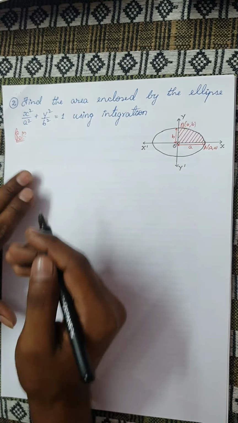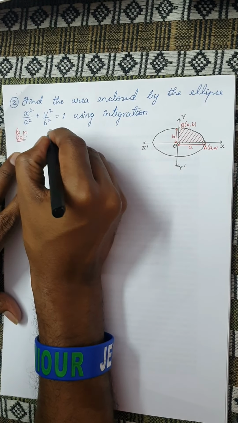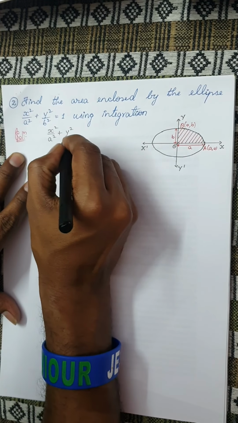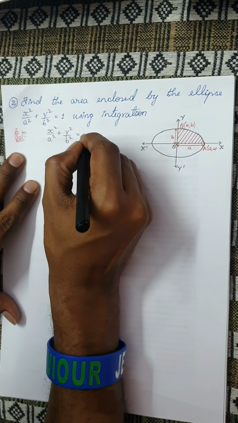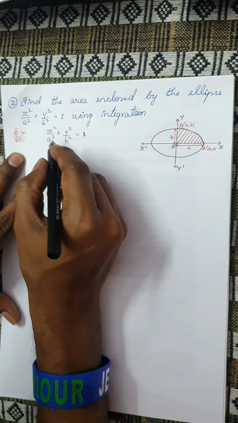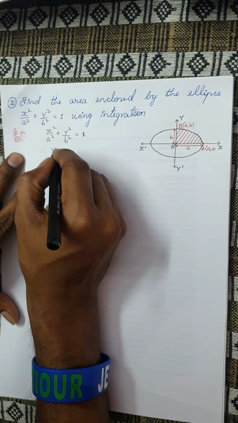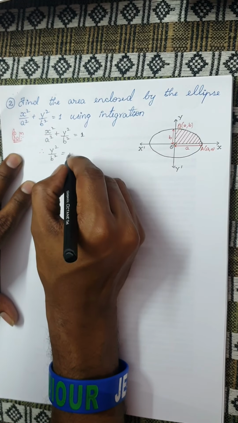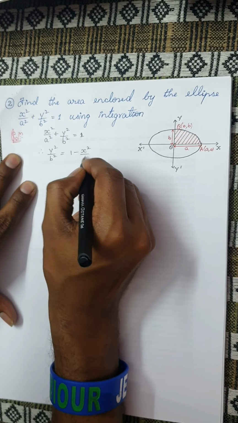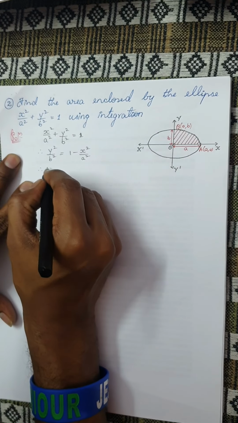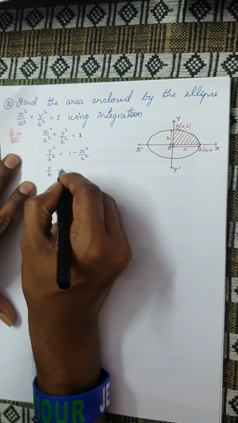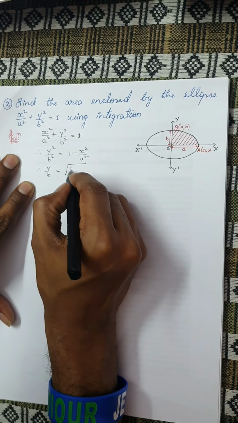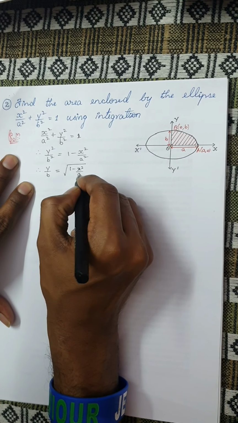So let us rewrite the equation of the ellipse as follows. The standard equation of the ellipse is x square by a square plus y square by b square is nothing but 1. Therefore I want y, isn't it? So taking the terms to the right hand side, y square by b square is nothing but 1 minus x square by a square. Taking square root on both sides, I will get y by b is nothing but square root of 1 minus x square by a square.